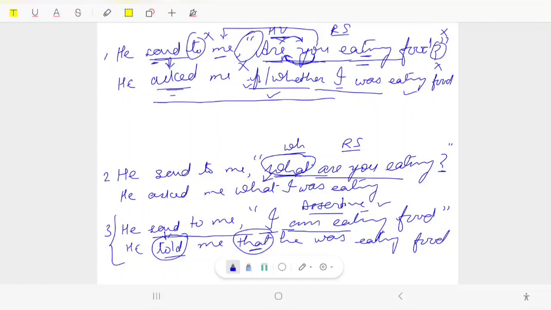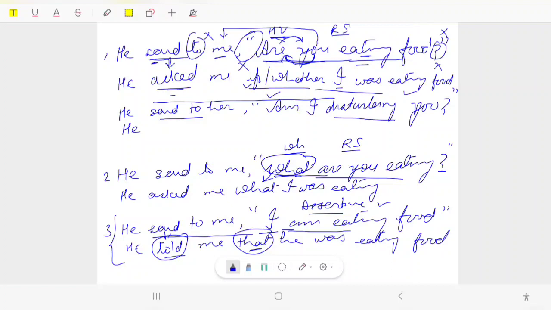Let's have a look at the next example. He said to her, am I disturbing you? Since it is an interrogative sentence, said will change into asked her. Comma and inverted commas removed, and at that place, if. Now the place will be changed. I is first person, so according to the subject, he.